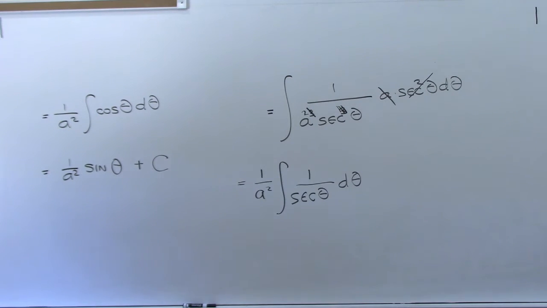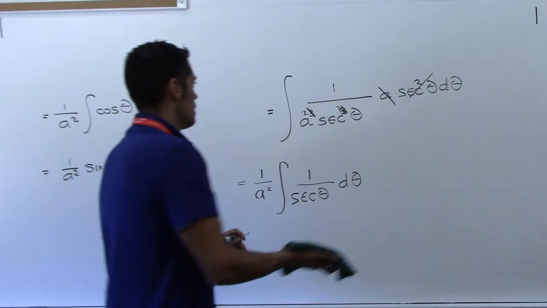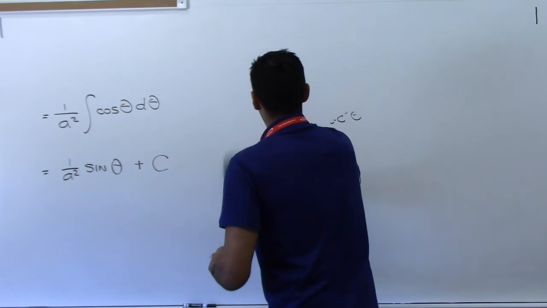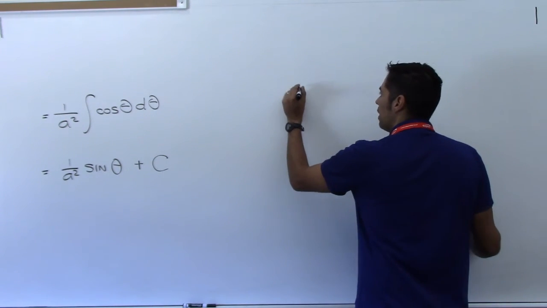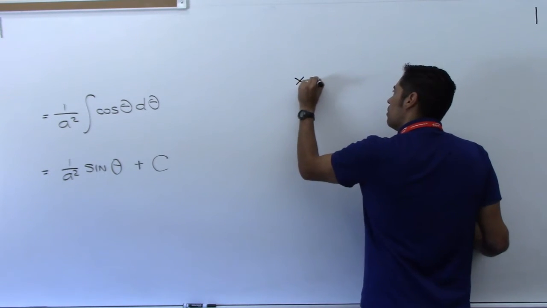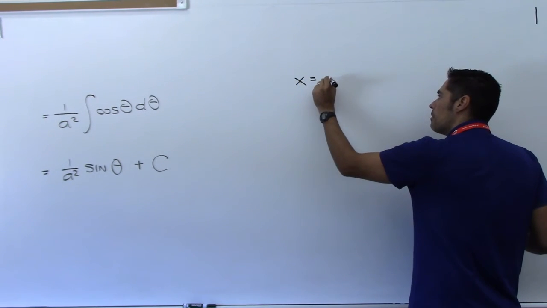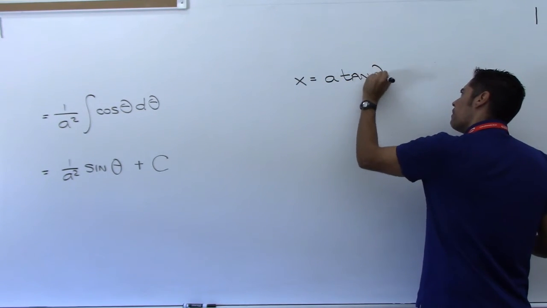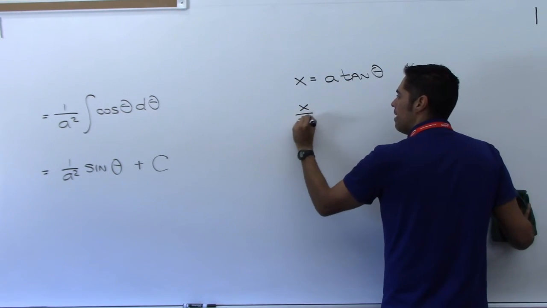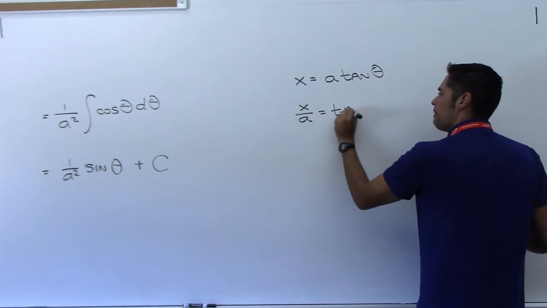Triangle. A triangle comes off the substitution that I made. That was x equals a tan theta, which means x over a is equal to tangent theta.